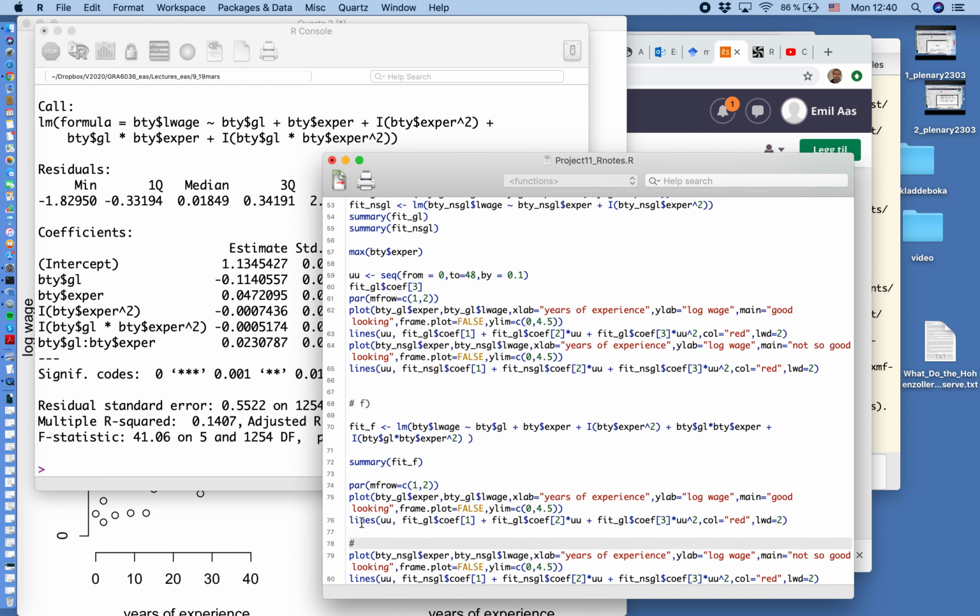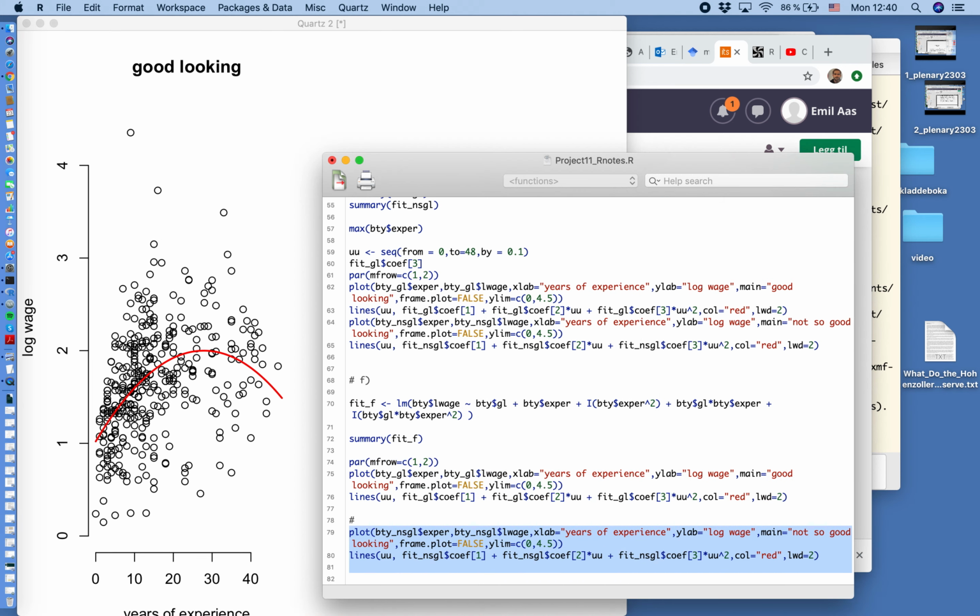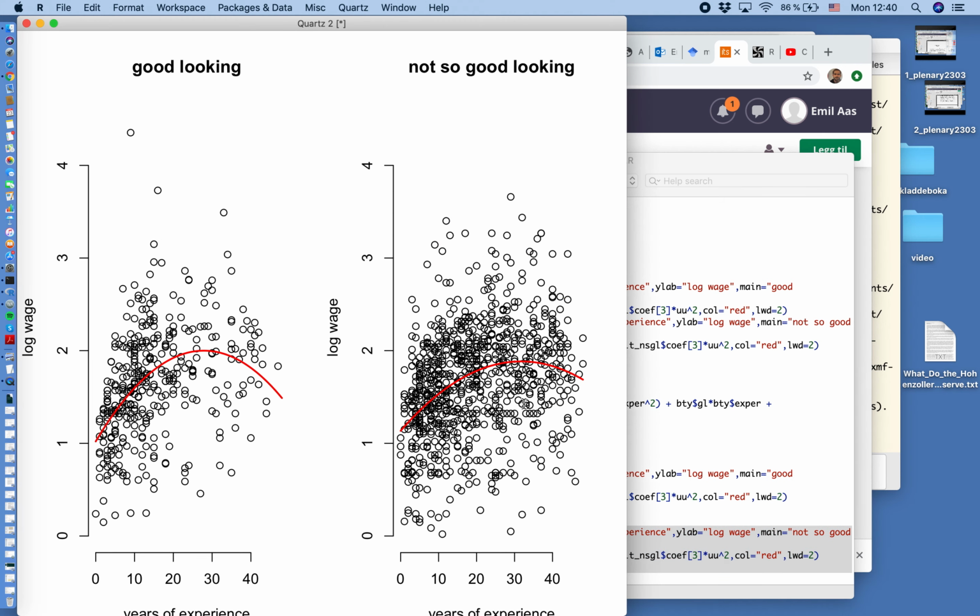Hopefully the fitted lines from this model will overlay the lines from this model. So if you have a look at this, here's the fitted line, and our new fitted line is supposed to overlap this one, and the same here.